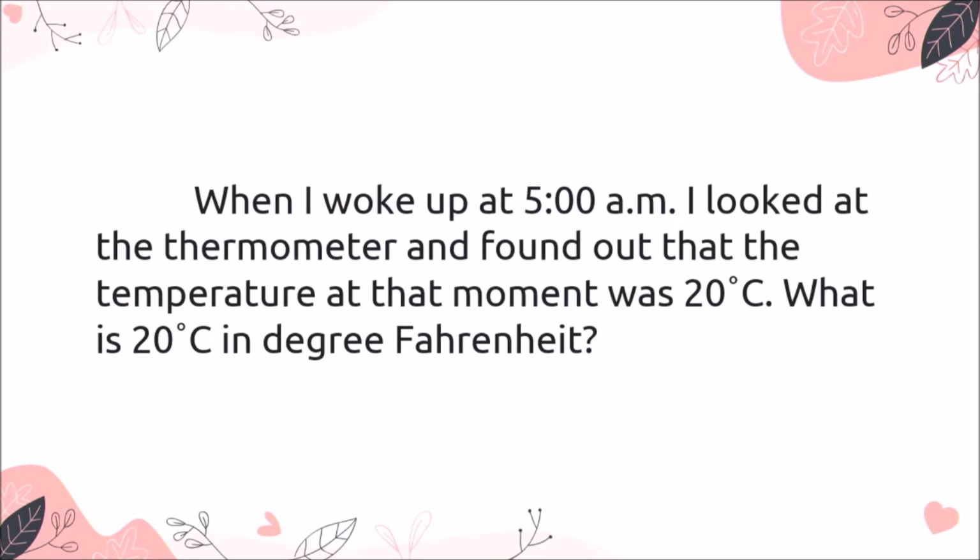What is 20 degrees Celsius in degrees Fahrenheit? As you can see, kids, we will talk here about temperature. Later on we will find out how to change degrees Celsius to Fahrenheit.